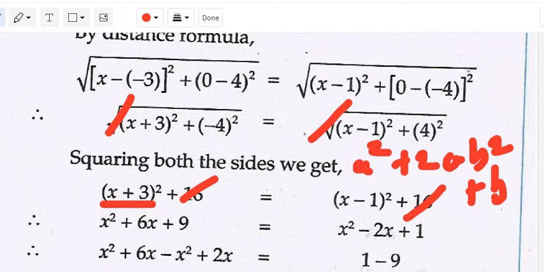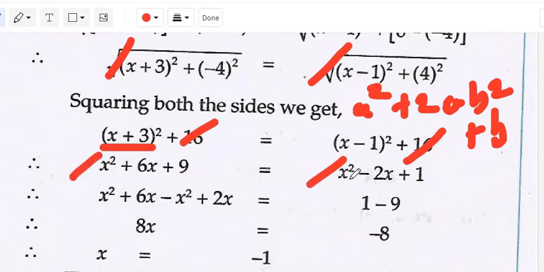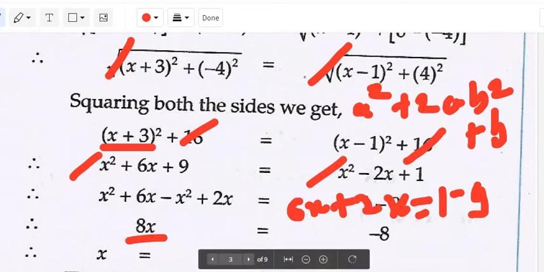The square of a negative number is positive, minus 1 square is plus 1. Then here again this x square and this x square get cancelled. We get minus 6x... I mean 6x plus 9 is equal to minus 2x plus 1. Now minus 2x changes here to plus 2x, that is we get 6x plus 2x is equal to 1, plus 9 changes to minus 9, and 6 plus 2 is 8x is equal to 1 minus 9 is minus 8. 8 gets cancelled and we get x is equal to minus 1.